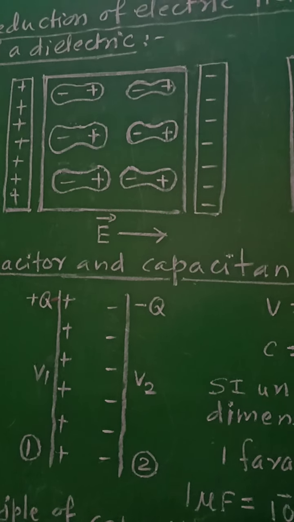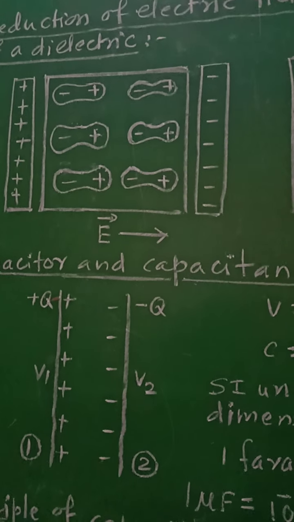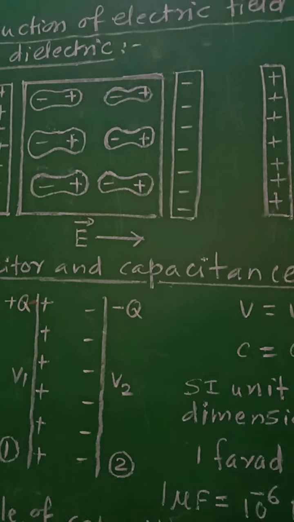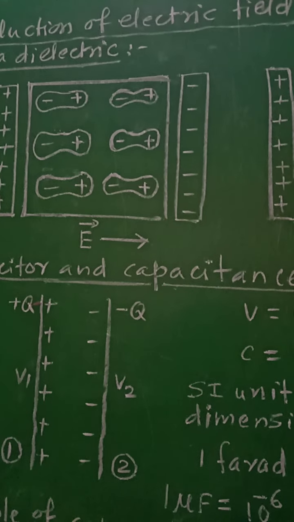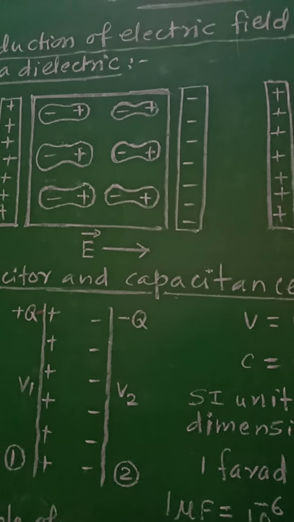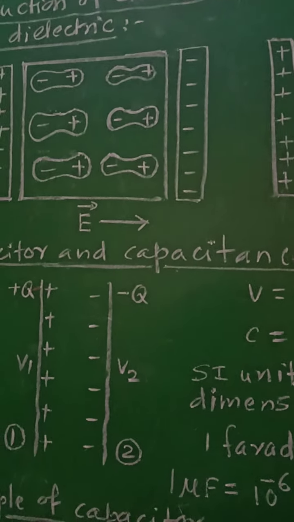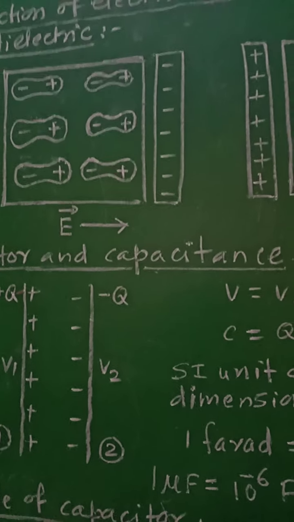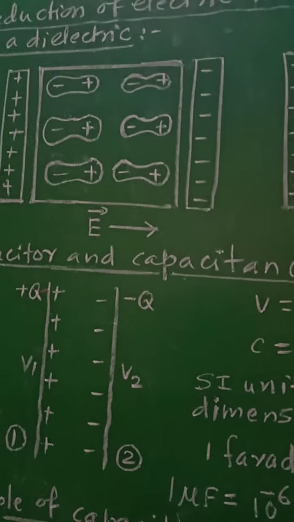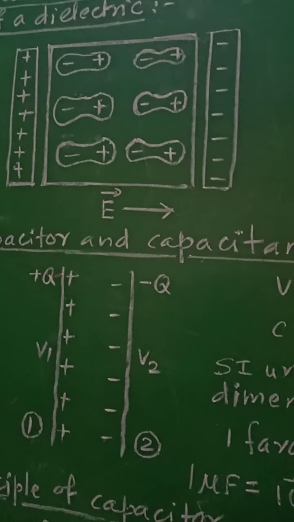When a dielectric is placed in any external electric field, the value of electric field inside the dielectric is less than the external electric field as a result of the polarization of that dielectric, that is insulator.